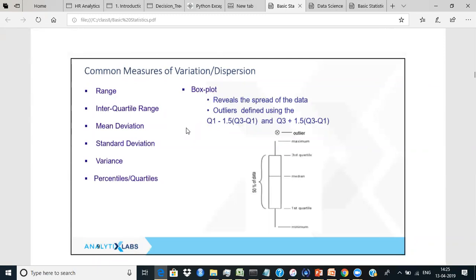What is mean deviation? Mean deviation is the average value of the absolute difference between xi and x bar.